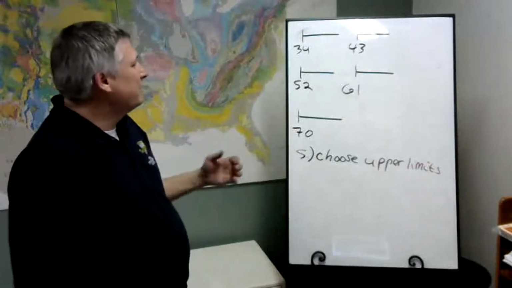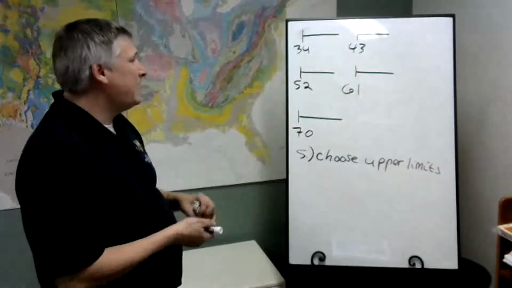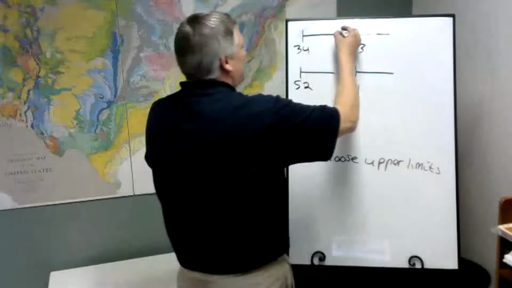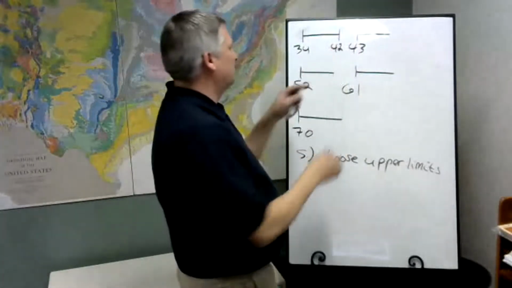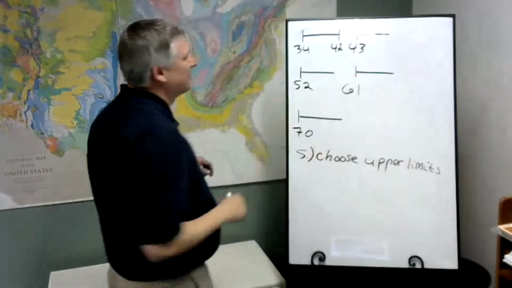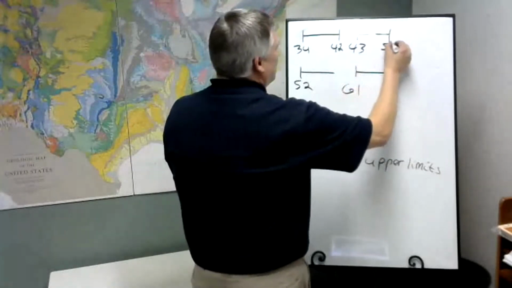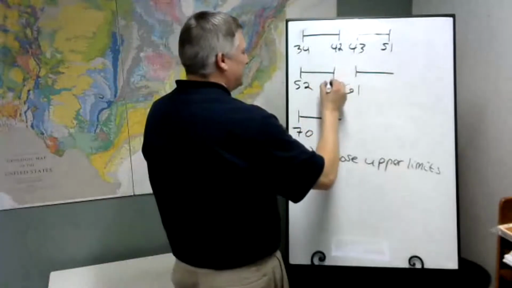So what should be a limit between 34 and 43? I don't know, I might say 42. Say 42. And then we've got a 52 here. And what could we put there? Well, we could put a 51. And then for this one, we could put a 60.